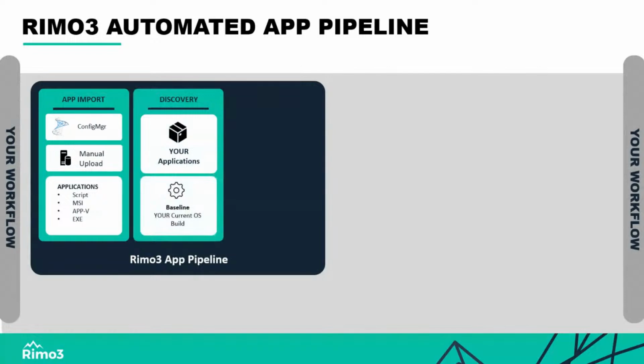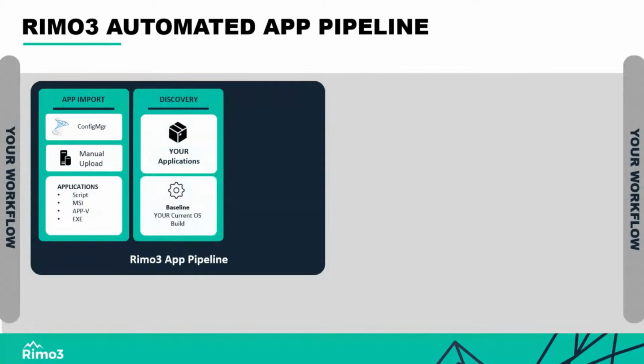During that import process, Remo 3 performs a discovery on every application, again, at scale. And that discovery process entails Remo 3 reverse engineering the application package to collect data insights or data constructs.